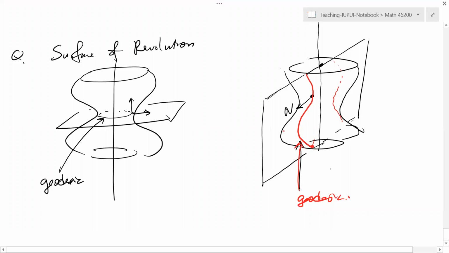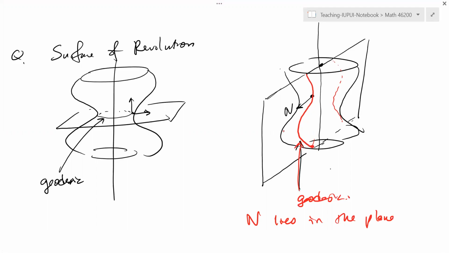Because the normal vector lies in the plane, of course it's perpendicular to the normal vector to the plane. So that's why the plane is perpendicular to the surface. Two surfaces we say are perpendicular to each other because their normal vectors are perpendicular.